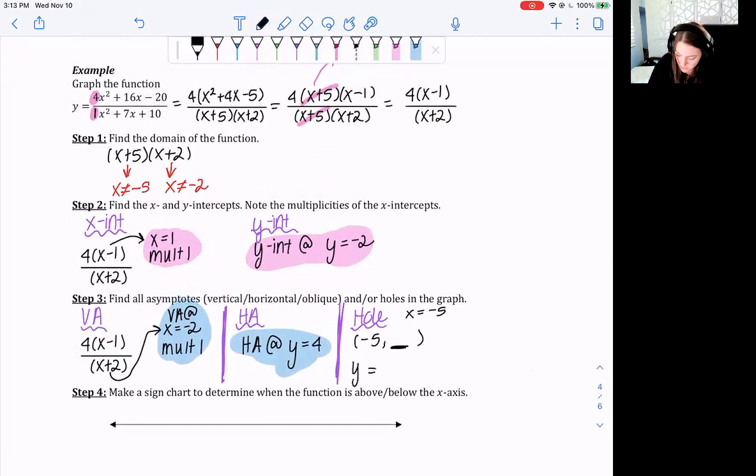So Y equals 4 times (-5 minus 1) over (-5 plus 2) on the bottom. This is going to come out to be 8. So there's a hole at -5, 8.